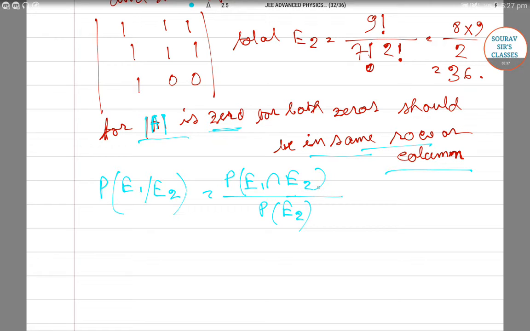Here there is a 3x3 matrix given and there are 2 events. This into 2, so the E1 intersection E2 count is this, and P of E2 is total 36. So this is 18 by 36, which equals half.